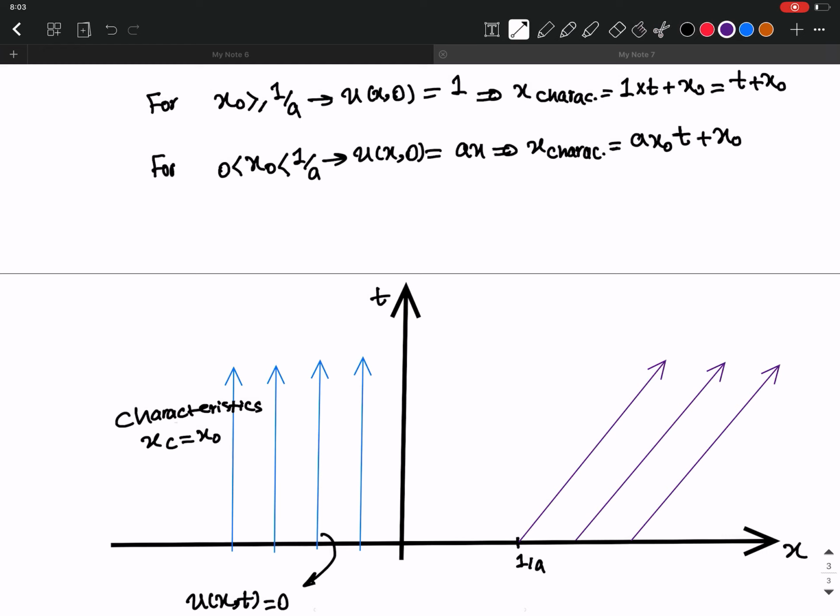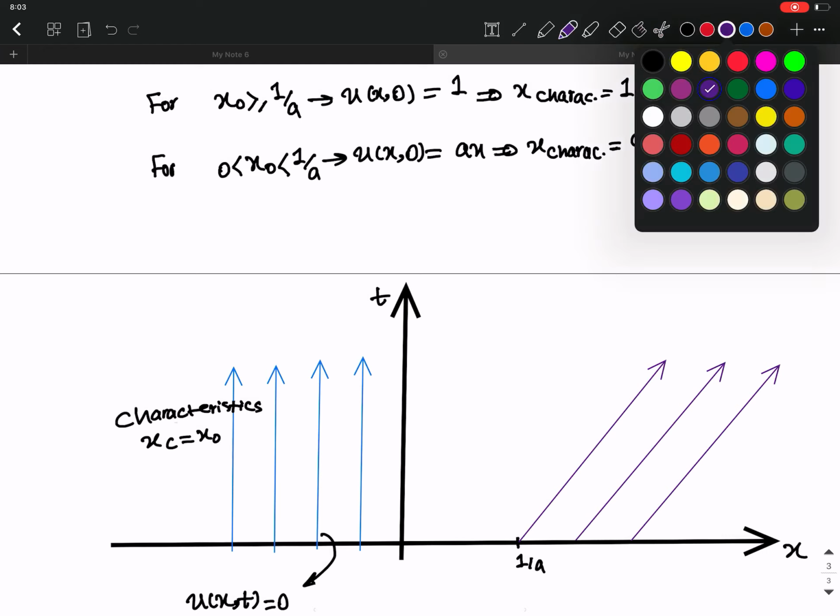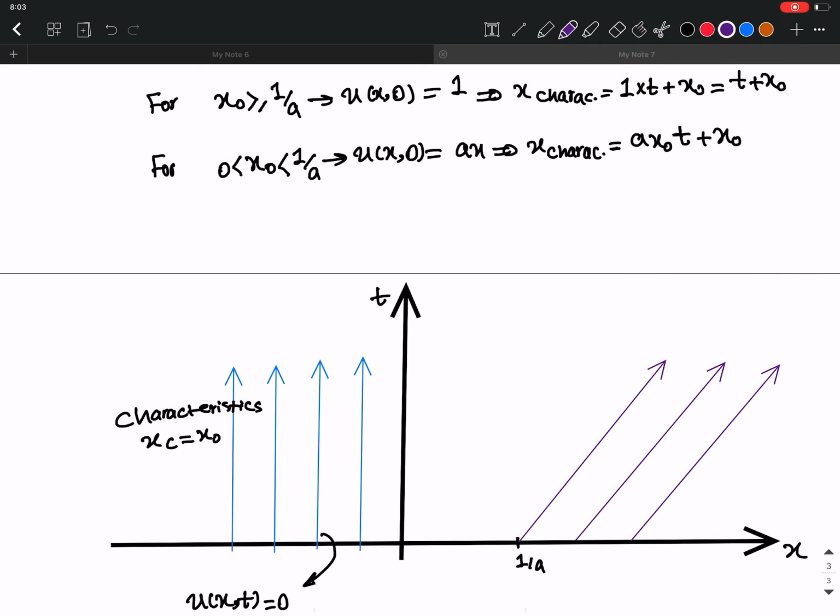So the characteristic for this one is going to be t plus 1 over a, because x naught here is 1 over a.